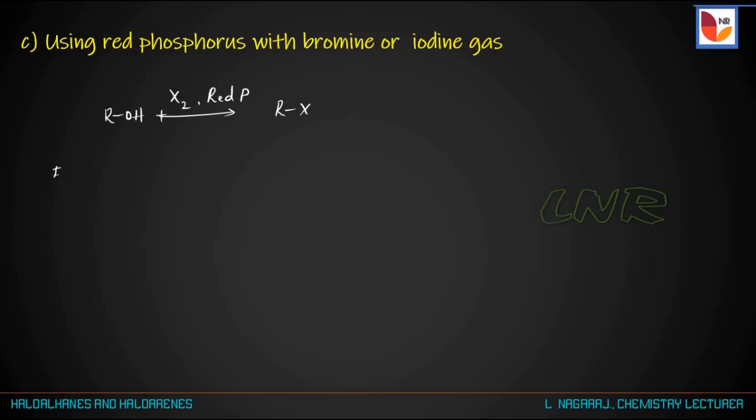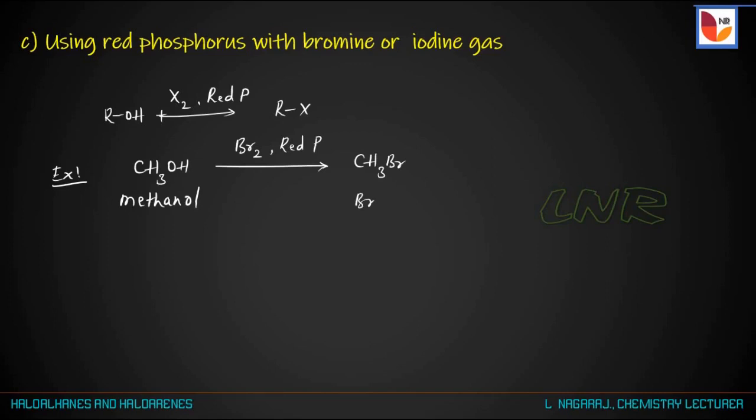For example, let us take methanol, CH3OH, that is methanol, reacts with bromine gas in the presence of red phosphorus, so it gives CH3Br, that is bromomethane.